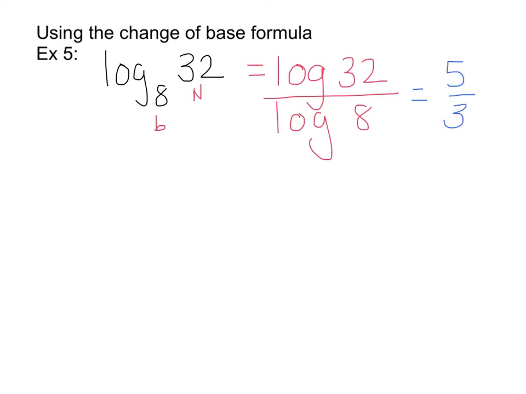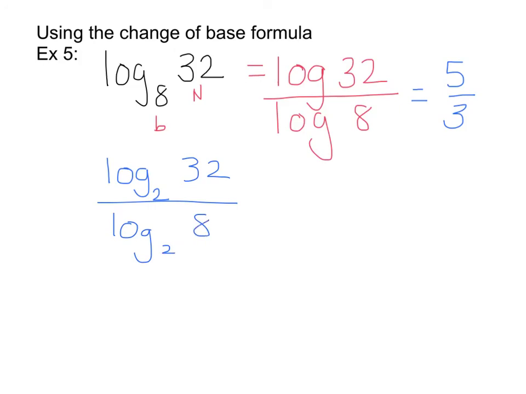So now let me show you how you get 5/3. 8 and 32, I know I could probably make them have the same base. So if I did, for instance, the log base 2 of 32 and the log base 2 of 8, I could rewrite 32 as 2 to the 5th power.